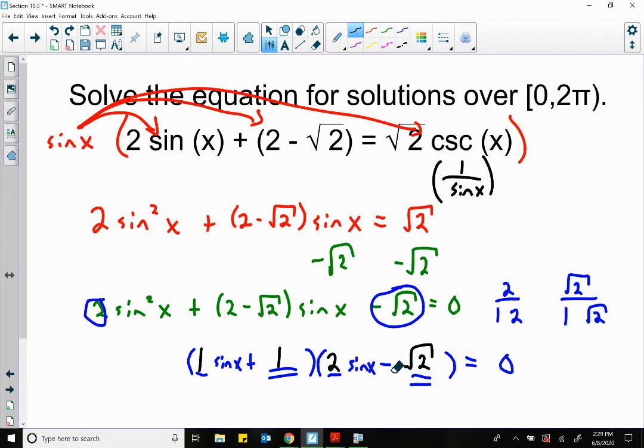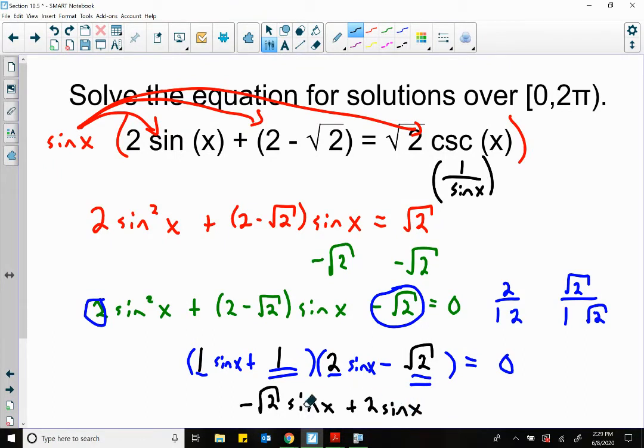So 1 sine times negative square root of 2 gives us a negative square root of 2 sine. And 1 times 2 gives us the 2 and a sine. So yeah, that's working out, because you'll have negative square root of 2 sine x plus 2 sine x.